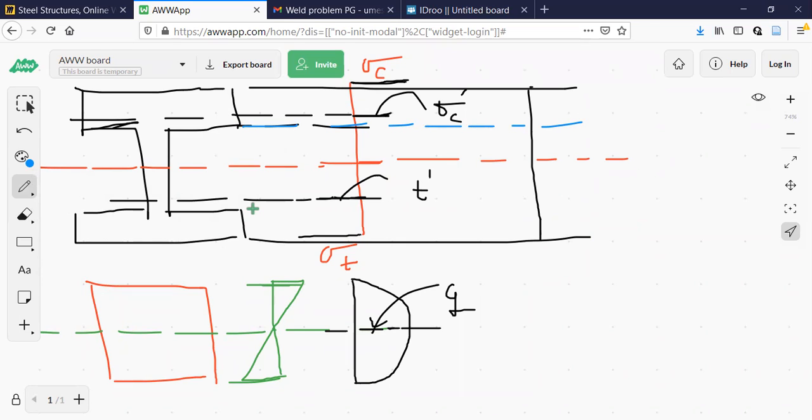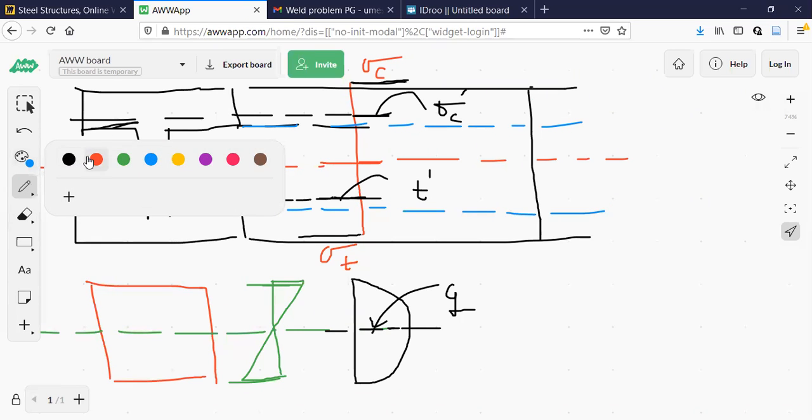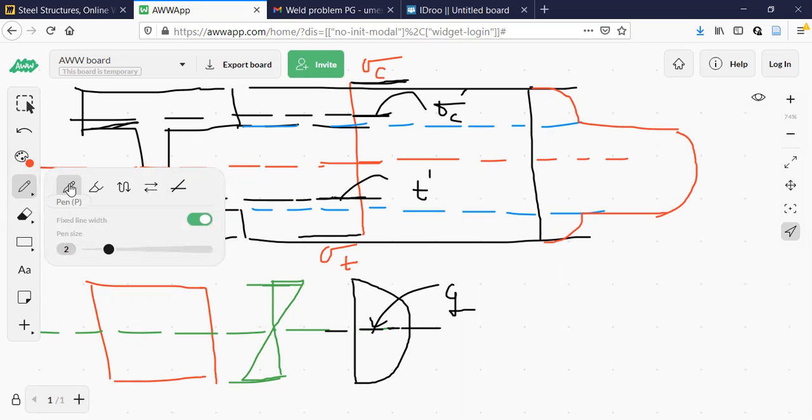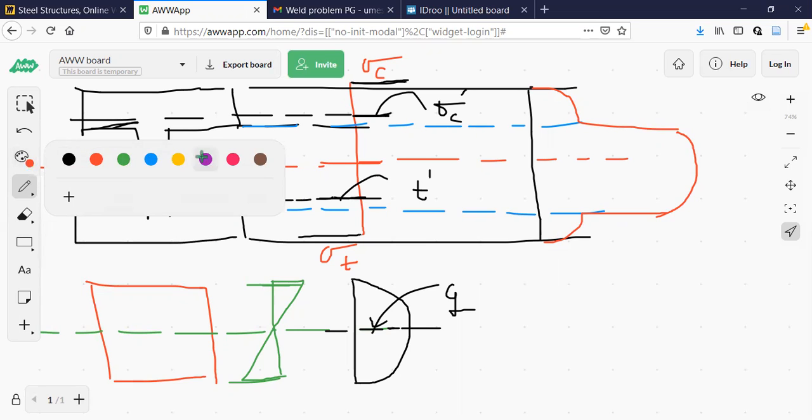This also, the junction between flange and web, I'll take like this. So how this diagram is, you can see. At the junction it becomes still bigger, and further bigger like this. So you can see the diagram of shear stress distribution in case of an I section. This is how it looks.